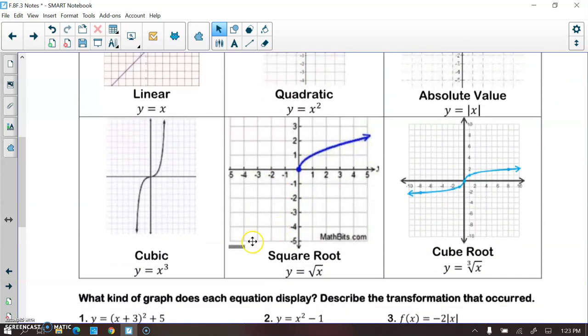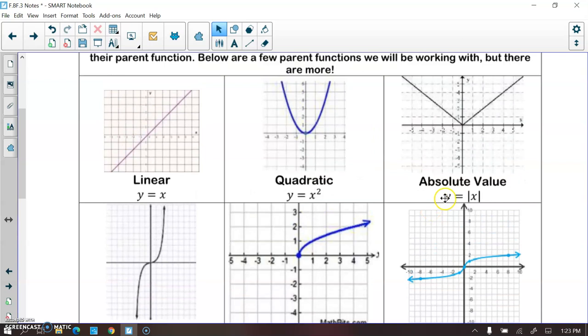And then cubic graphs. The most basic function is y is equal to x cubed, and it has this shape on the graph. A square root graph is y is equal to the square root of x, and so it has this shape. And then a cube root graph, y is equal to the cube root of x, has this shape. For this lesson, we do not need to know the shapes of the graphs.